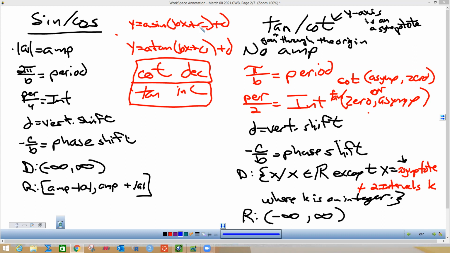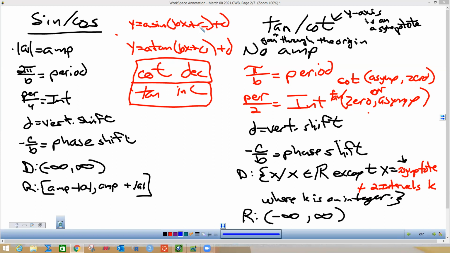So I'm going to ignore the rest of it right now, for a couple seconds. If I said the set of all numbers such that X is an element of all real numbers.